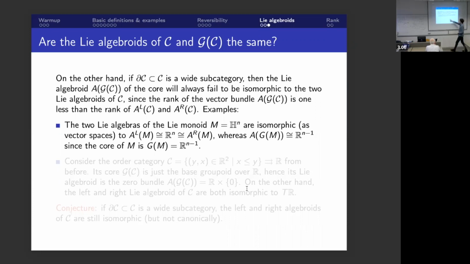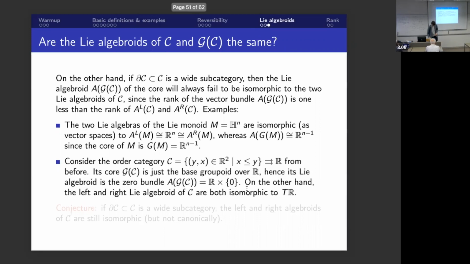And now you have to take a look at the core. What's the core? Which morphisms, which elements are invertible here? Well, only those that are here, right? So obviously, we are going to get a Lie algebra with dimension 1 less than that of the upper half space.